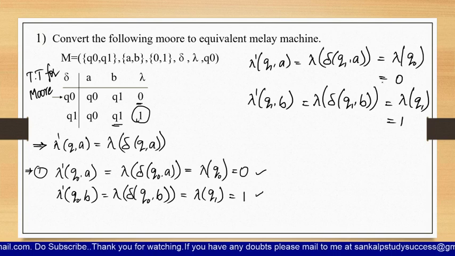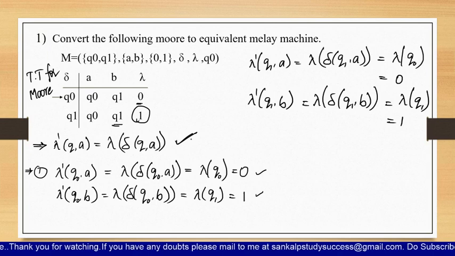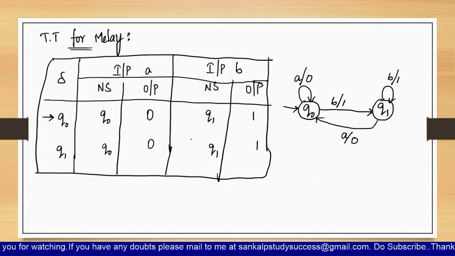By applying this formula, you can easily find lambda dash for each and every state by applying each and every input symbol. Then you need to draw the transition table for the Mealy machine, and then we draw the equivalent transition diagram. In this way we find the Mealy machine for the given equivalent Moore machine.